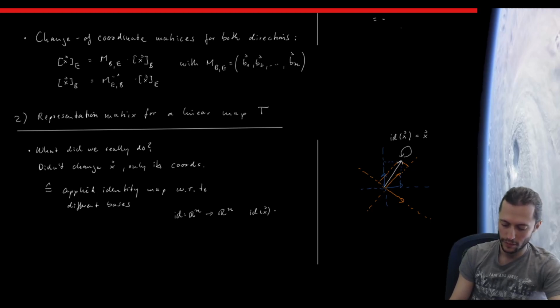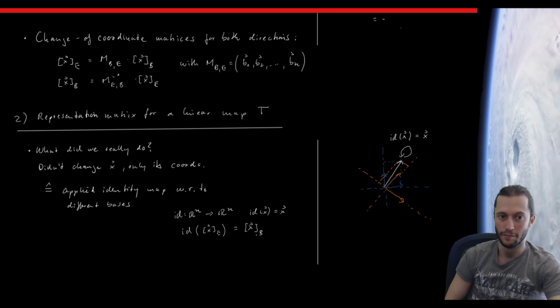We do nothing with the vector, but we are more precise. We put in the vector in E notation, E coordinates. What we get is the vector coordinates with respect to B.